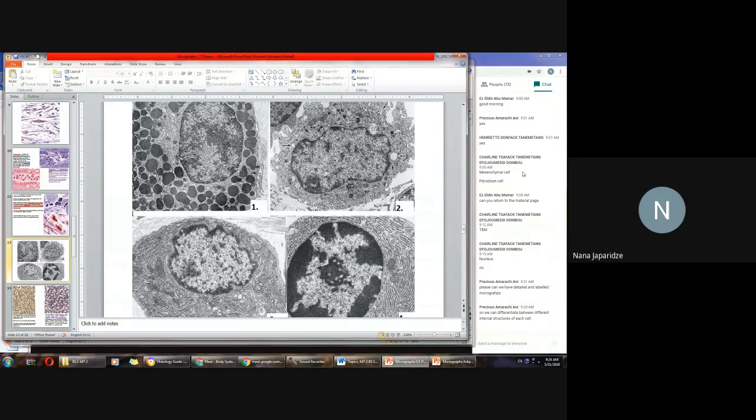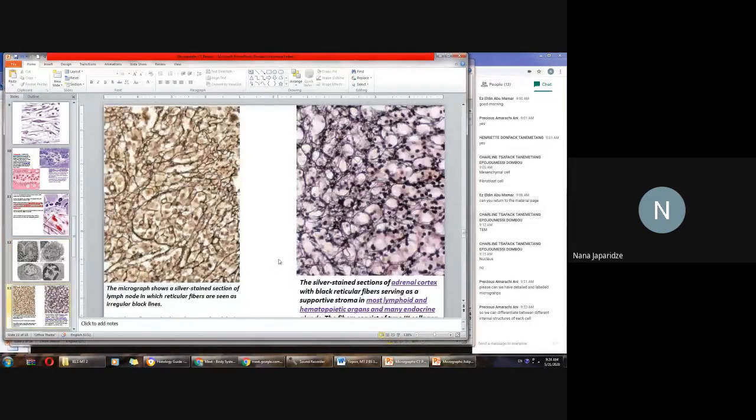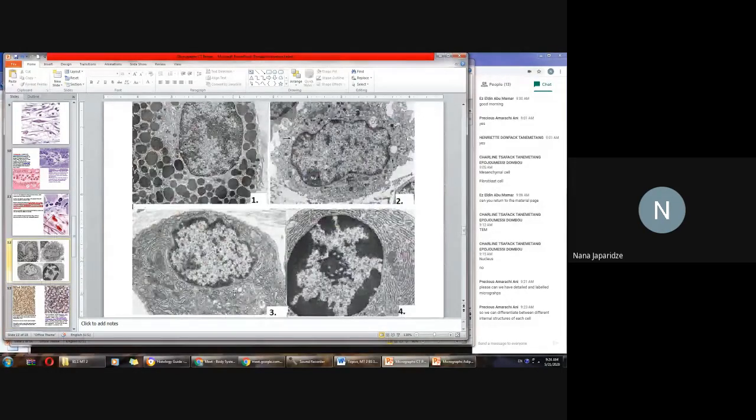Okay. So look, guys, in all these four micrographs here, you see four different cells with a cell membrane, cell bodies. So you see here cell bodies. Look, for example, this cell, fibroblast.